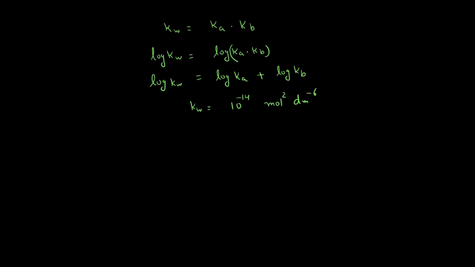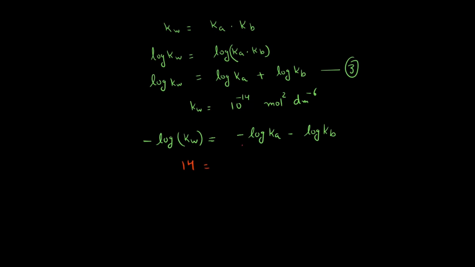So if we multiply this equation by minus on both the sides, we will get minus log Kw equals minus log Ka minus log Kb. If we take the log of 10 to the power minus 14 multiplied by minus sign, we will get 14.